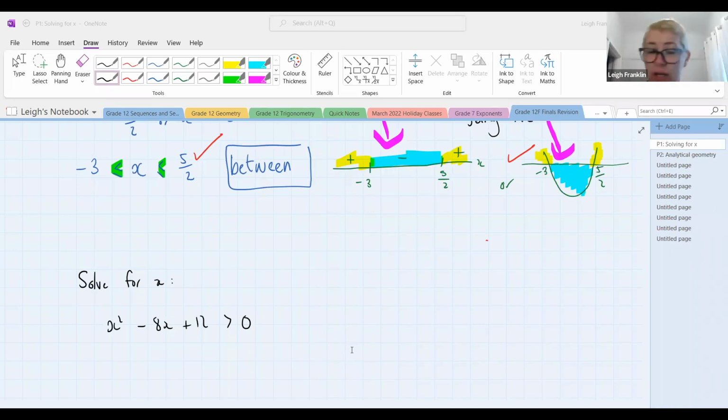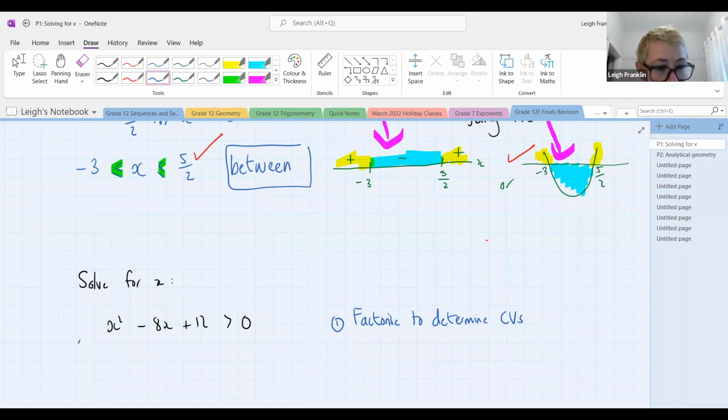With a question like this, same as with the one before, step number 1, you've got to factorize to find your critical values. Factorize to determine your CVs, because your CVs are where y changes from being positive to being negative.